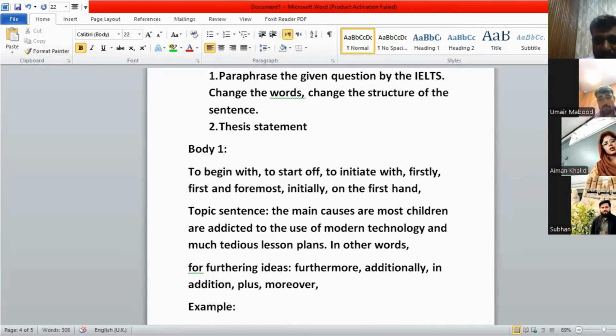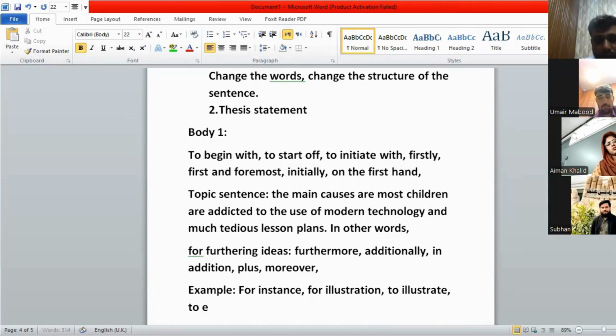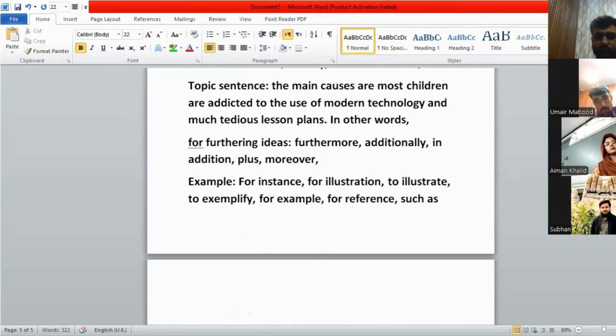For writing an example, you should say for instance, for illustration, to illustrate, to exemplify, for reference. There are many. Clear?